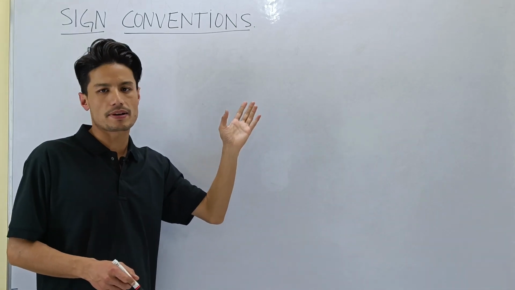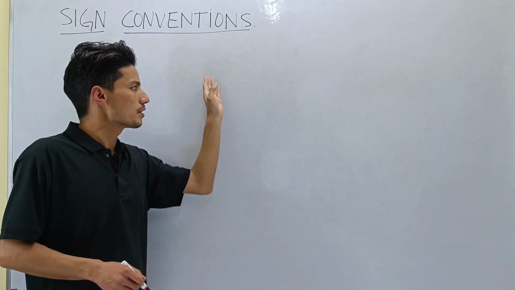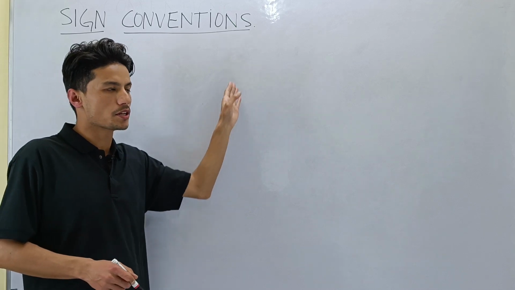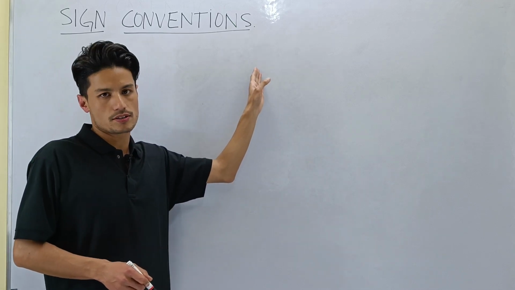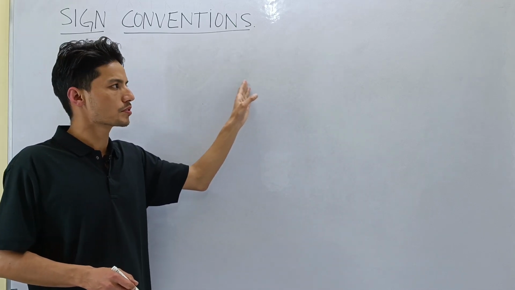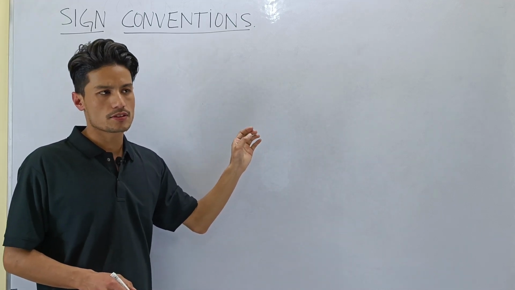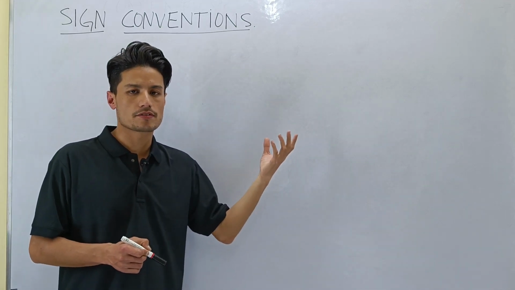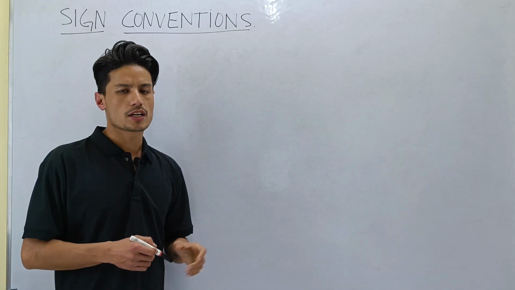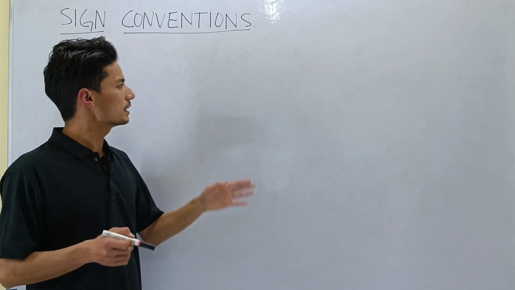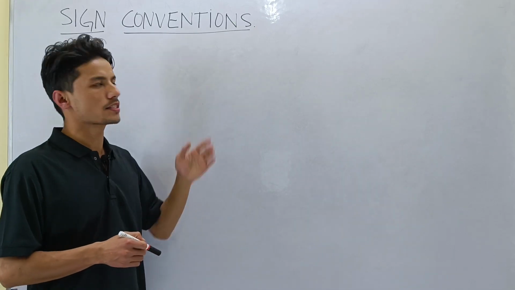It's between plus and minus only. Some values of image will be positive, some values of focus will be positive, some values of focus may be negative. So in which cases will it be negative, in which cases will it be positive? We are going to study all of this in this lecture today.